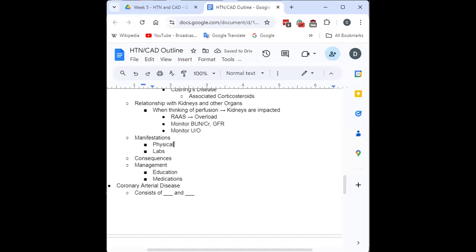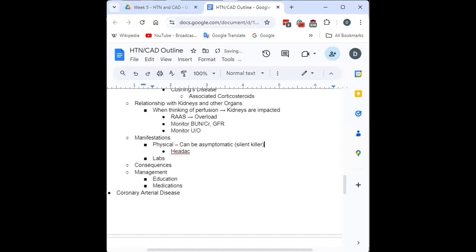So what are some physical symptoms of hypertension? Does it apply to everyone? Headache can be. It is usually asymptomatic, so it doesn't apply to everyone. It's called the silent killer. People don't know until they start having issues.